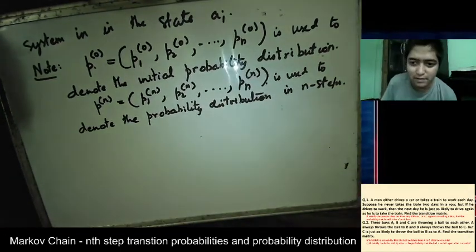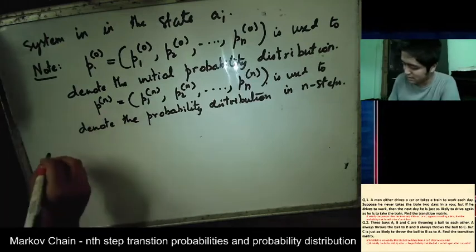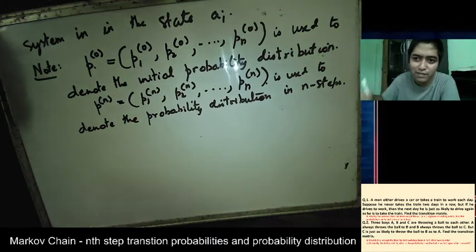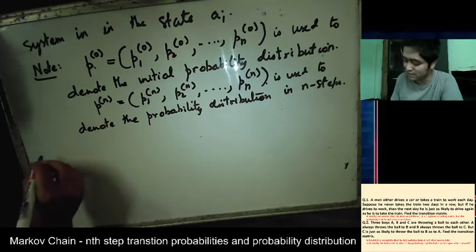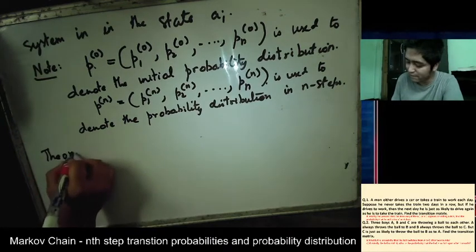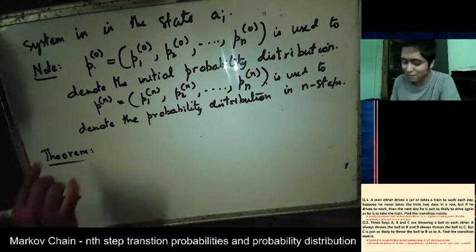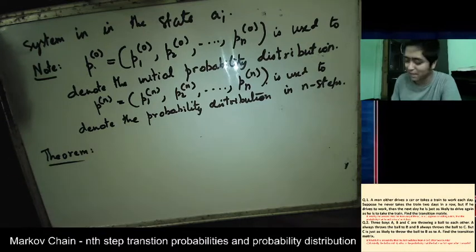So again, how will we calculate this one? We will have to use a theorem which involves the transition matrix. So another theorem that we can have is this. We will do the proof for all of these theorems afterwards, but for now let us just take a look at the statement.